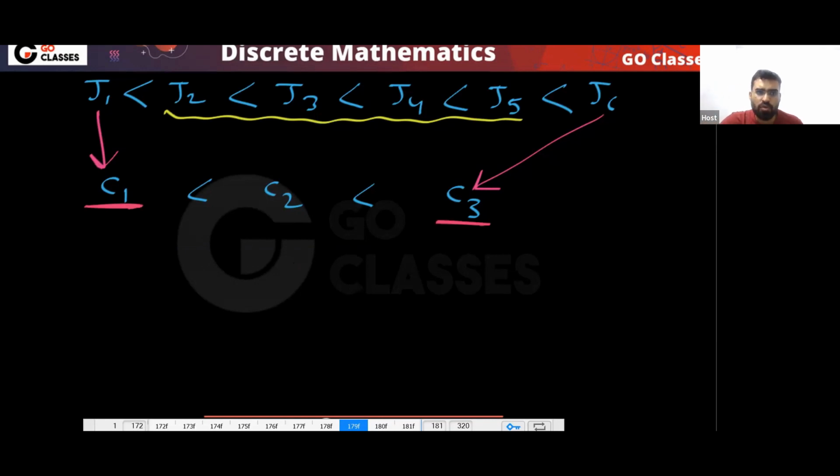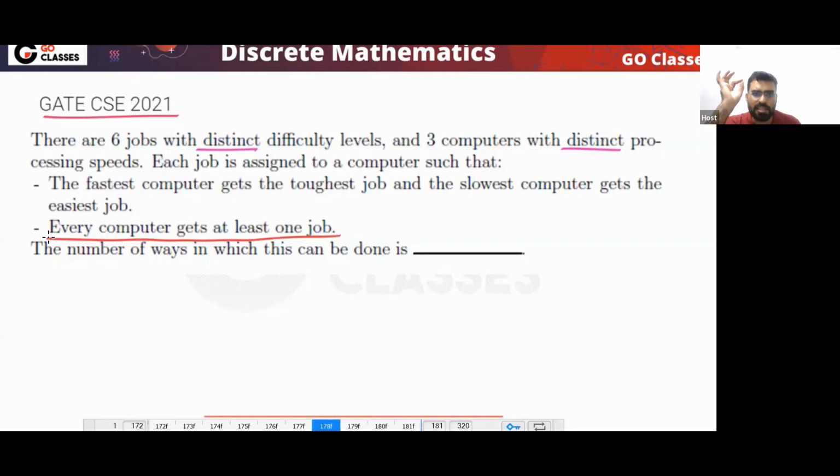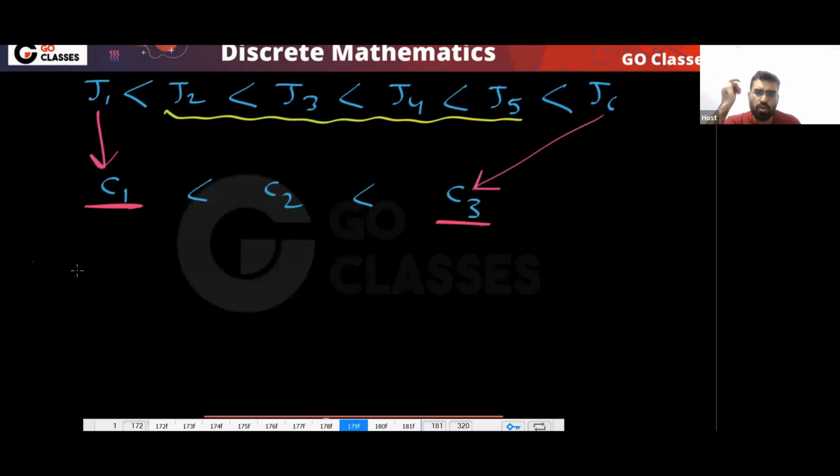So it simply means that C2 should get at least 1 job. So remember, at least 1 job to C2.